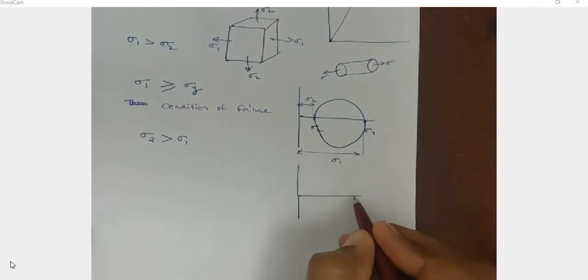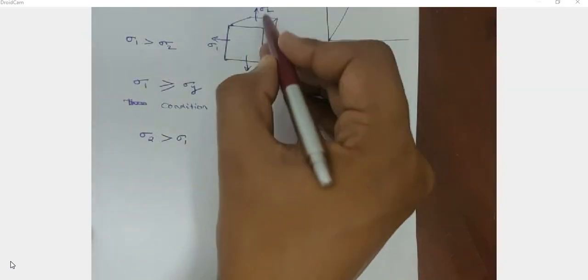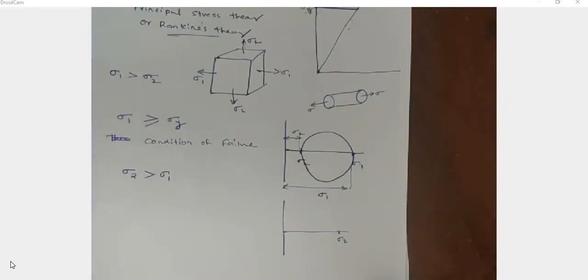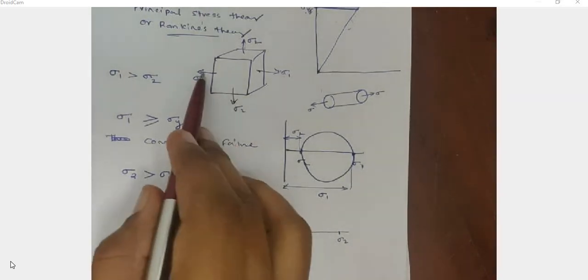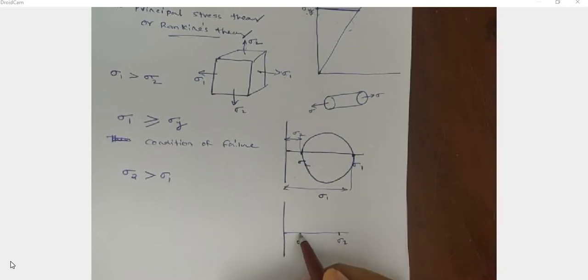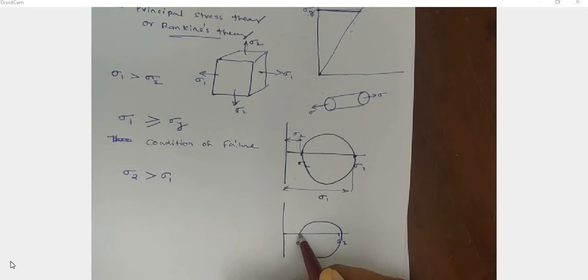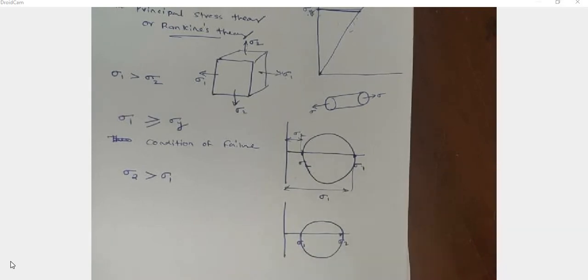Here sigma 2 is greater, so this one is my sigma 2, the external stress acting on this body, and this one is sigma 1. Again draw a Mohr's circle. Here the shear stress is 0.